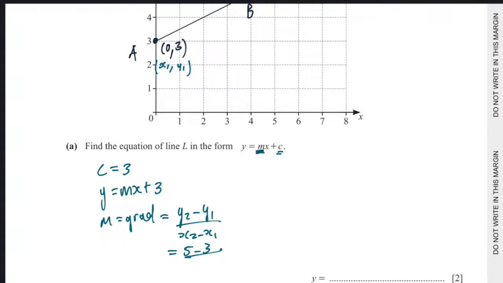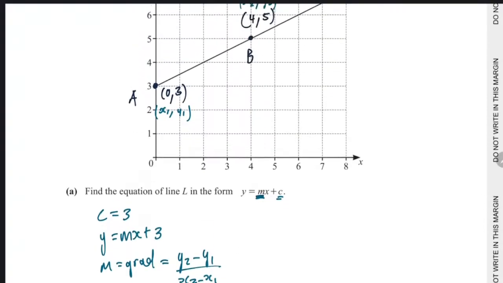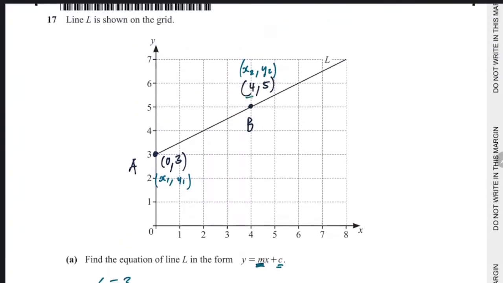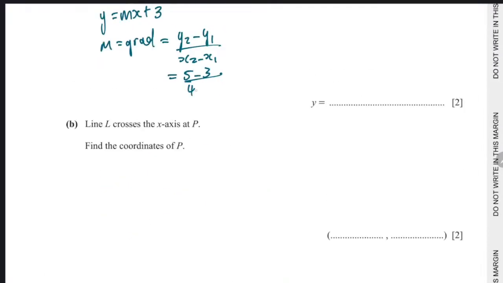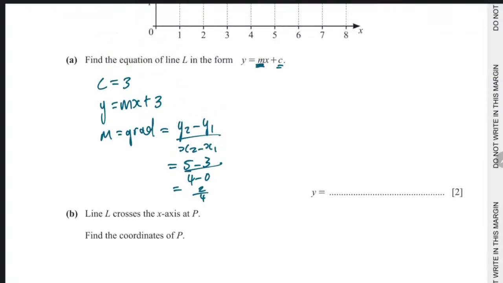So here, can you see it? 5 minus 3 over x2. x2 is here. It's a 4 minus x1, which is a 0. So it's over 4 minus 0, which is going to be 2 over 4. So you can have it to say your m will be half. So you can say y is equal to half x plus 3. You write it here. Half x plus 3.